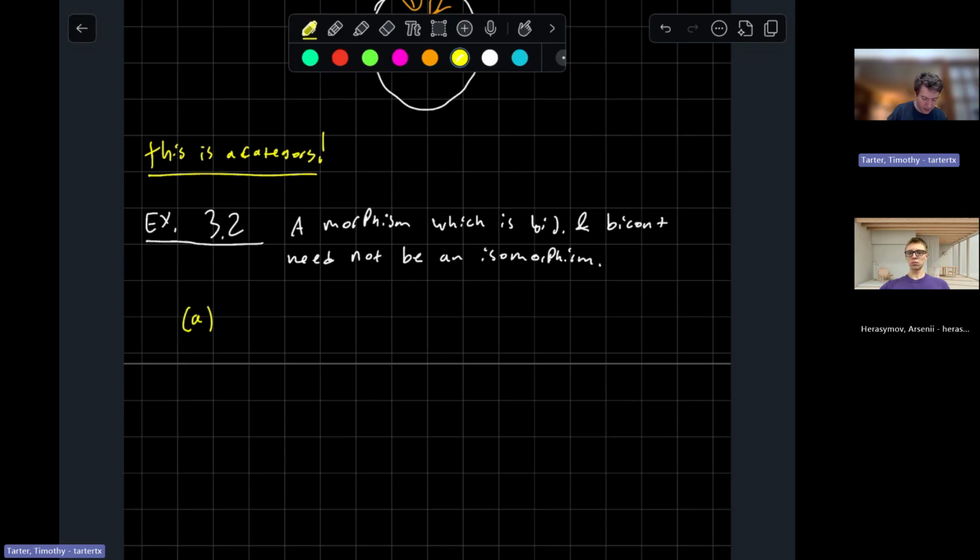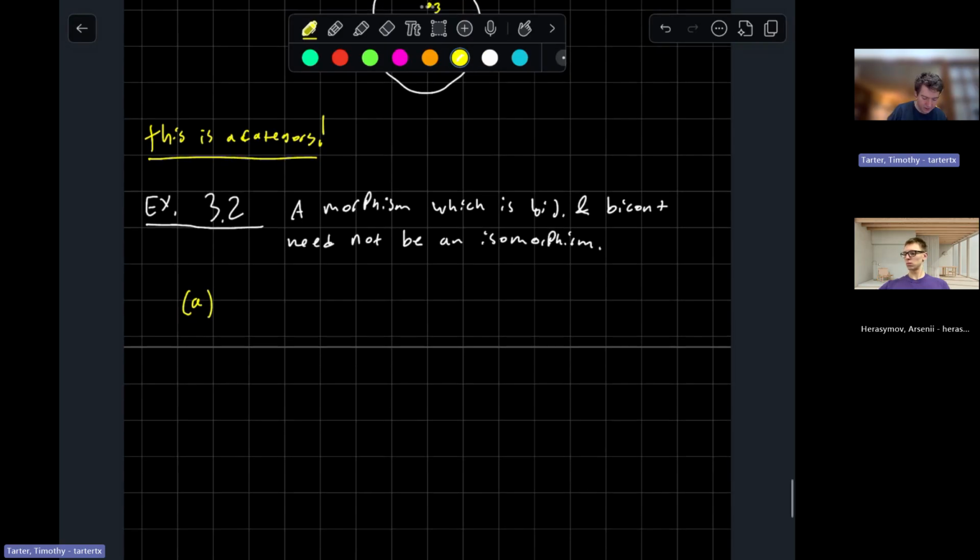For part A, it says let phi from the affine line to the affine plane be defined by t gets mapped to t squared comma t cubed.